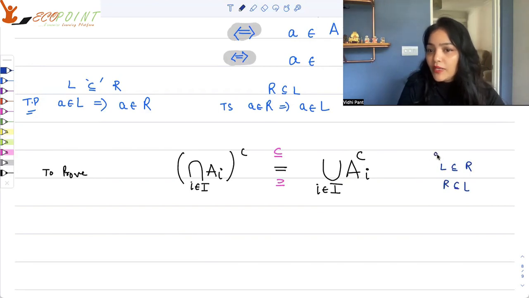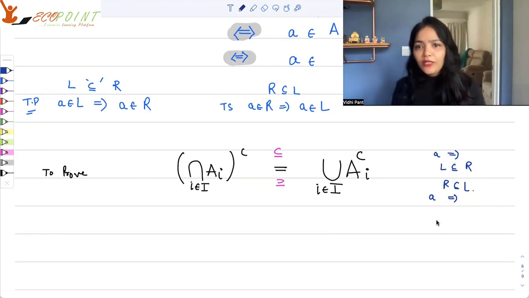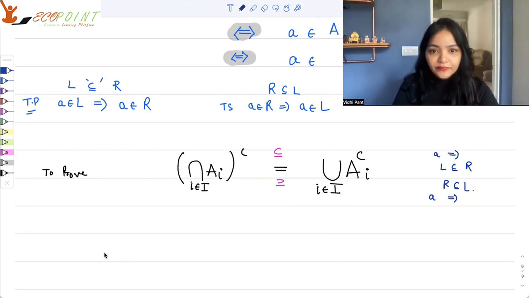That means you will pick up an element here, and that should imply that the element is here. And on the next go, you pick up an element here, and that should imply that the element is here. What I'm going to do is use if and only if, because if you combine the two, that means you want to actually prove if and only if. So let's do that.